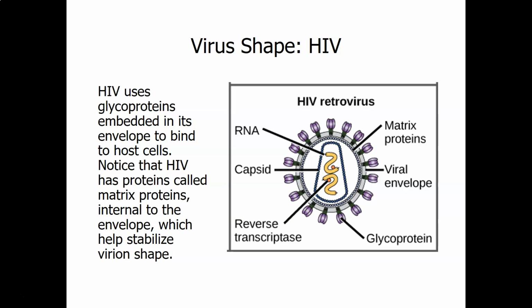Here is an image of an enveloped icosahedral virus, and that's HIV. HIV is also a retrovirus. So what have we got here? We've got an RNA core, and here you can see that the RNA is divided into segments. So it's actually segmented.